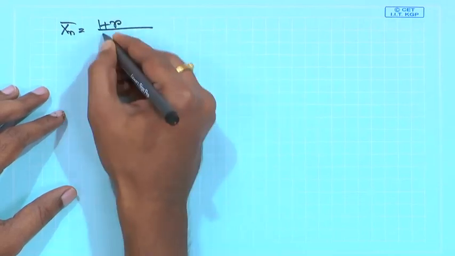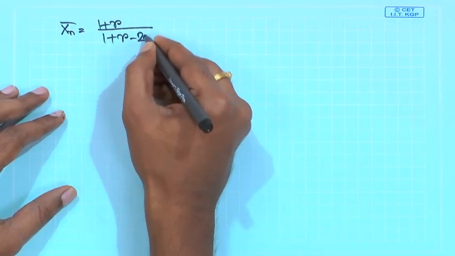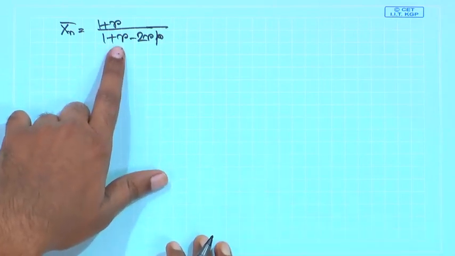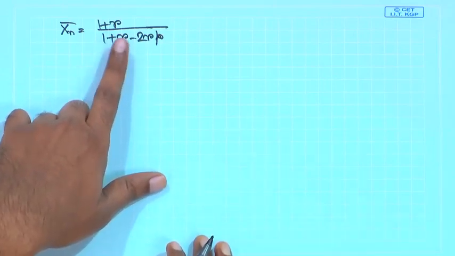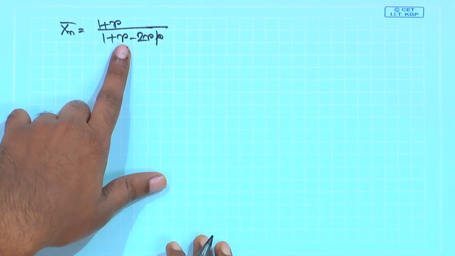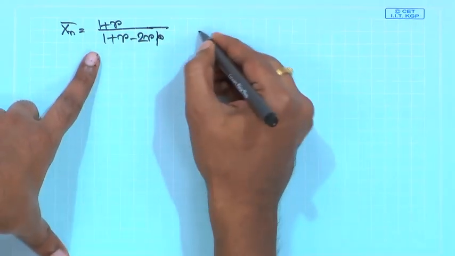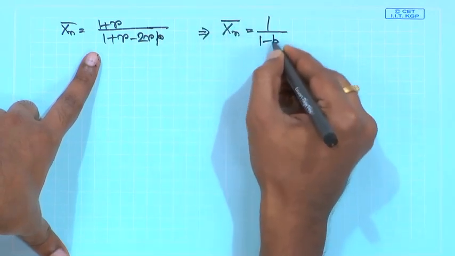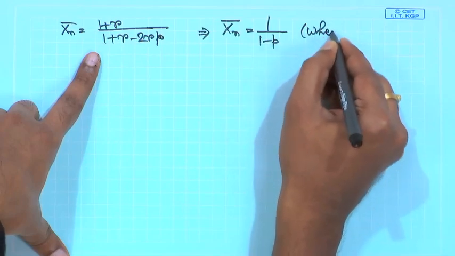Let me draw this particular expression again and discuss two special situations for the moment. Let us say your r is 1, that means there is no stoichiometric imbalance, both the reactants you have taken in the same amount. Then your Xn bar will reduce to 1 divided by (1 minus p) when r equals 1.